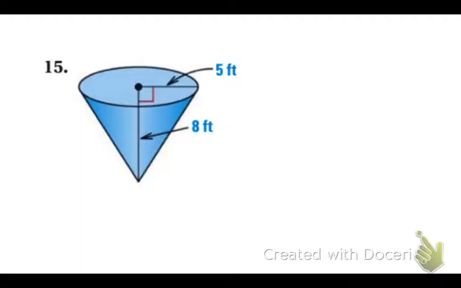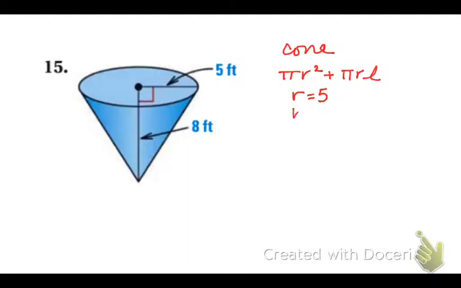So here we have a cone. And we know the formula for surface area of a cone is pi r squared plus pi r times our slant height. So we're given our radius is equal to 5.